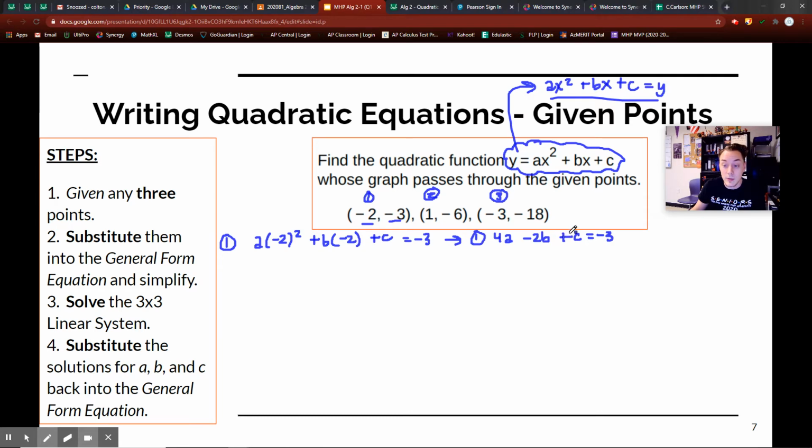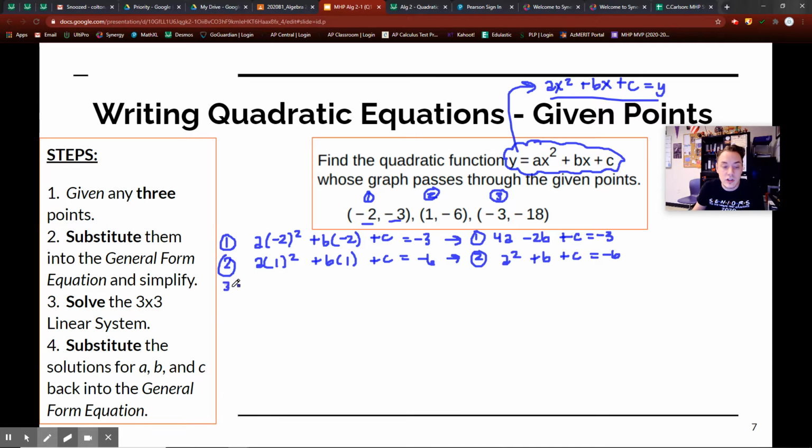Well, that's 3 variables, which means I have to have 3 equations. So let's do it for the second one. I do the exact same thing. Plug now 1 in for x times 1, and then plus c equals, and then -6 for y. So I'm going to get my new equation back out. This is just a squared. That's nice. And then plus b, and then plus c equals -6.